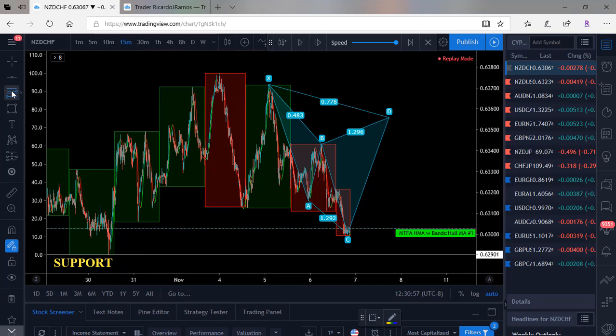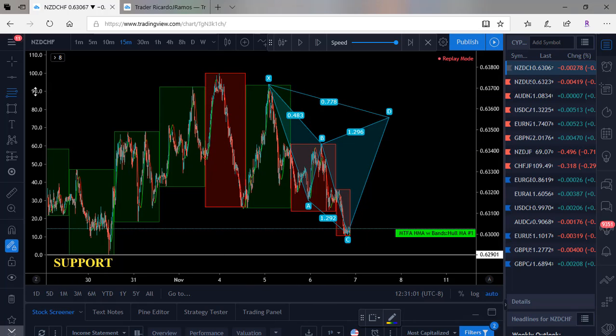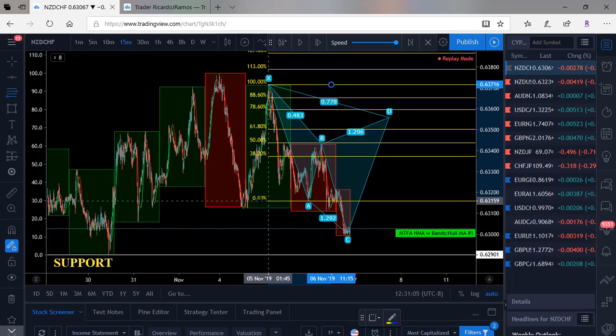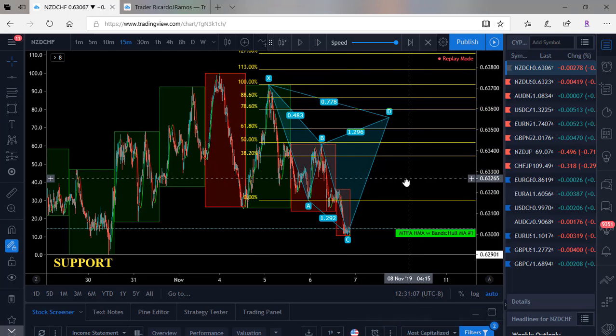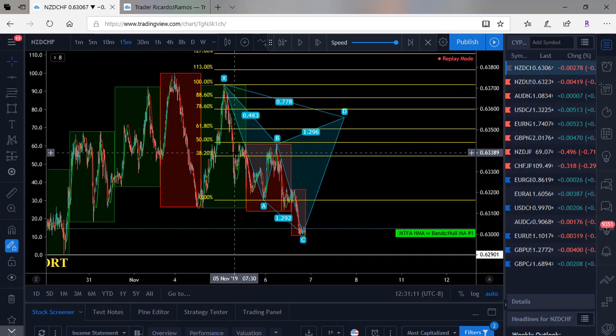So in order to validate the B point, we use the Fib retracement from X to A. And this is a valid B point because it went through the 38.2 but didn't exceed the 61.8.